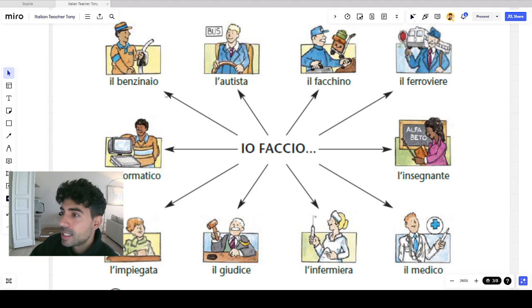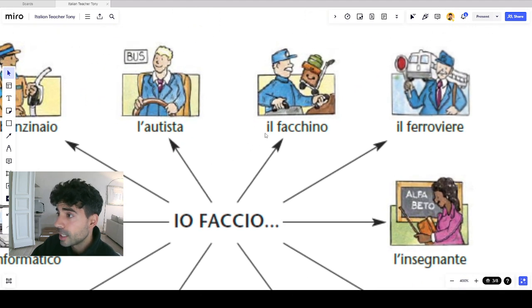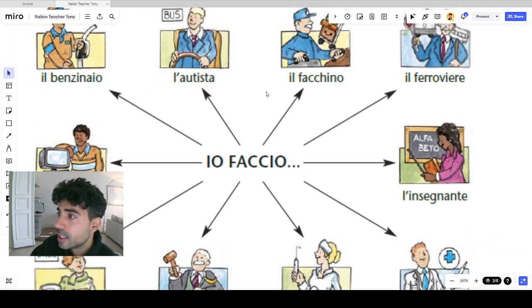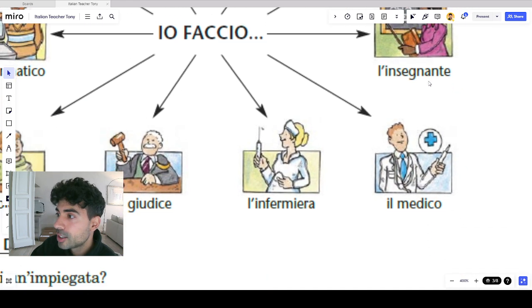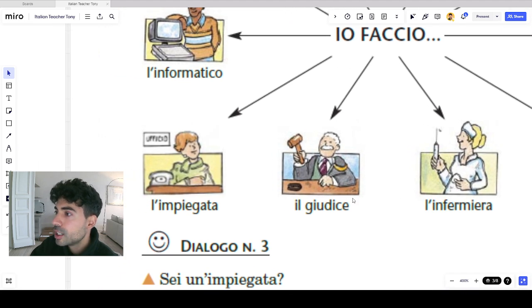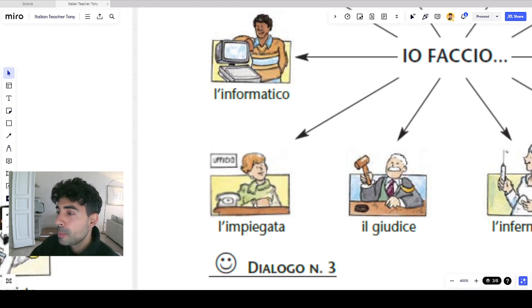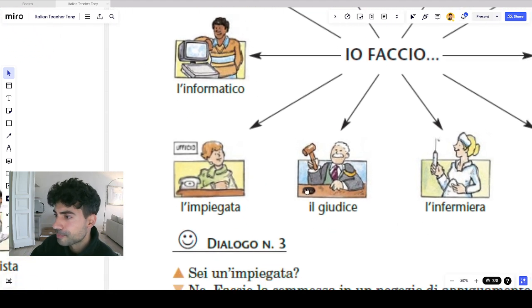Here we have benzinaio, if you work at a gas station; autista, if you drive; facchino, if you deliver or carry stuff like at a hotel; ferroviere, in a train station; insegnante, teacher; medico, doctor; infermiera, nurse; giudice, judge; impiegata, employed; informatico, IT technician.